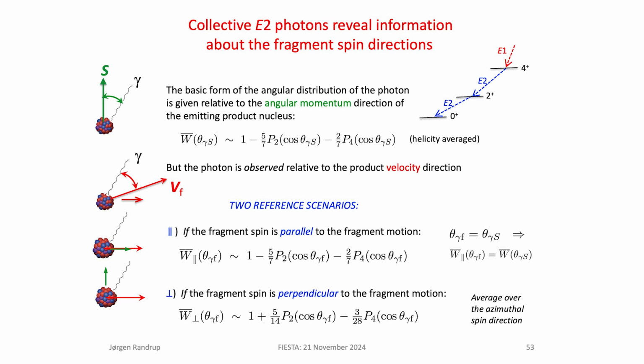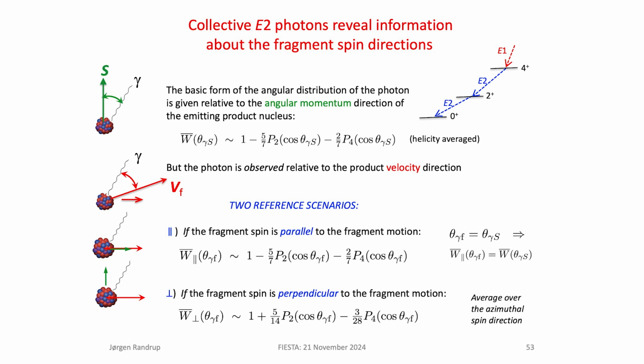want to observe relative to the spin direction, you get something depending on what the direction of the spin is. If the spin is in the same direction as you are moving, there is no difference, right? So if the spin is parallel to the fragment motion, you get this distribution. On the other hand, if the spin is perpendicular, then you have to average all around, and then you get that other formula I showed you, you get this.